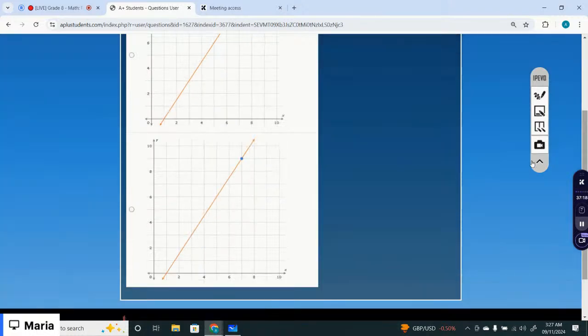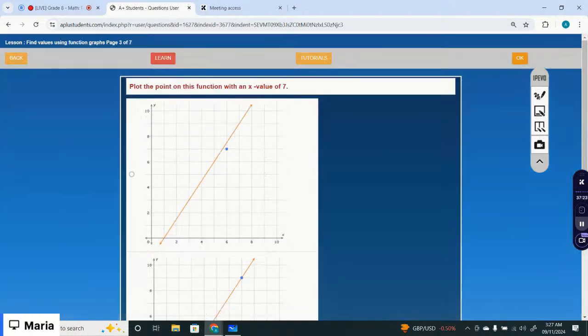Option number 2 is the correct option, right?